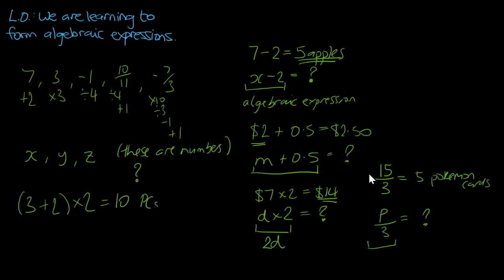We'll call them 10 PCs. Let's say that 3, well, you don't know how much you have to start off with, so we'll call that x. That's plus 2, and we've then multiplied that by 2. And just to note, that times 2, we're going to put that out front. Whilst we don't know how many Pokemon cards we have, we do have our algebraic expression, which tells us how many of them.